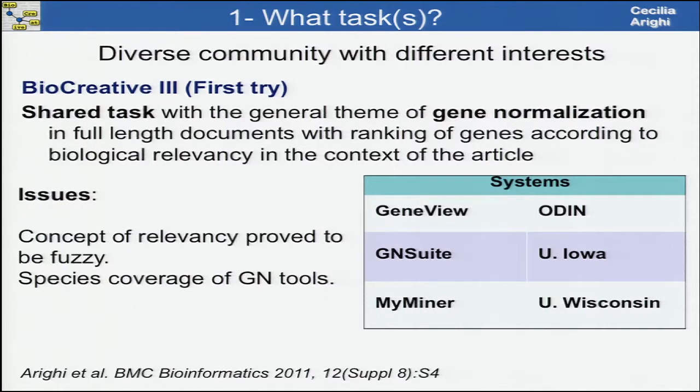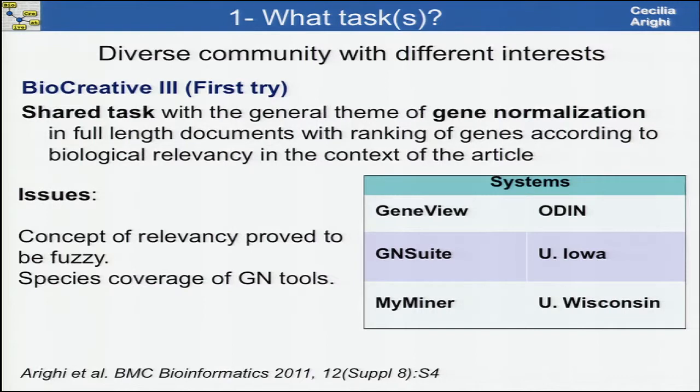So what are the tasks when we say interactive task? In our first try, we wanted to move one variable at a time. So we decided to keep it as a shared task, where we want systems that tackle the specific problems that we propose.